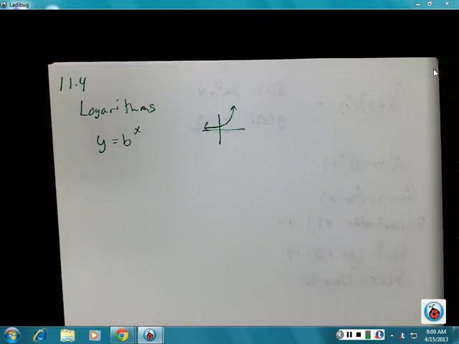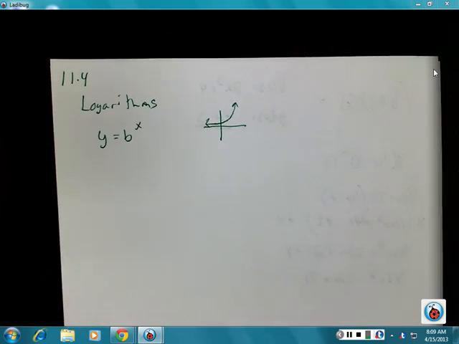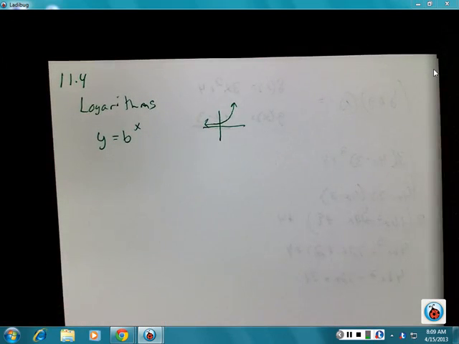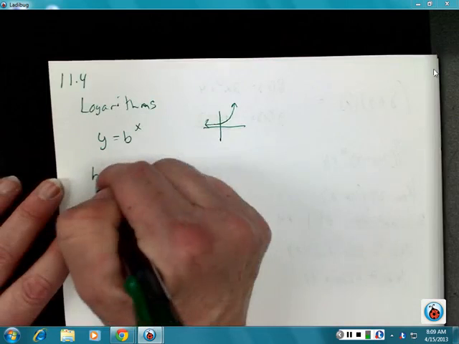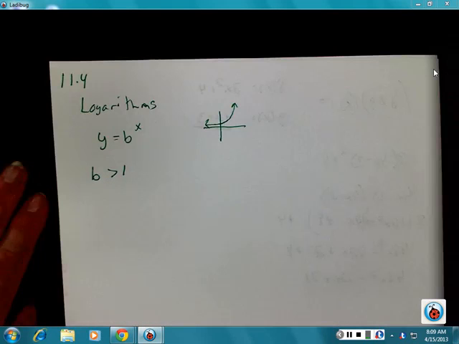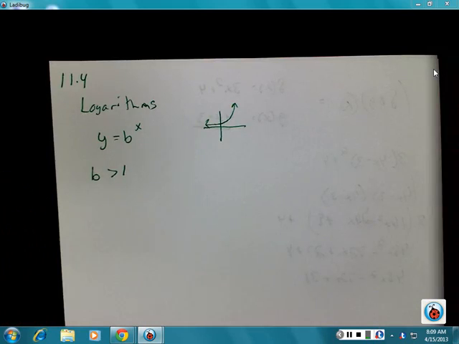Well, with these, it's hard to take those and reverse them into their inverses, and so what was developed is what's called a logarithm. The thing you have to be aware of is that this base b needs to be greater than 1. So be aware of that part in there.